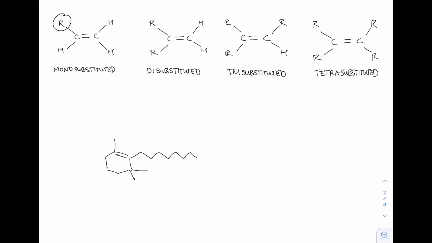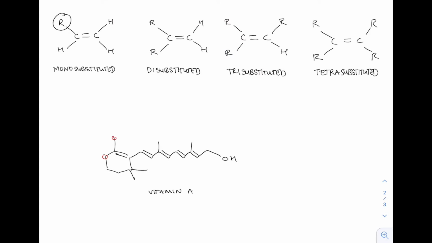So, boom, boom, boom, boom. We're going to draw vitamin A here. And we've got lots of alkenes, or double bonds, in vitamin A. That's why it's a fat-soluble vitamin. So on this one, starting from the left, we've got four things coming off of those carbons.